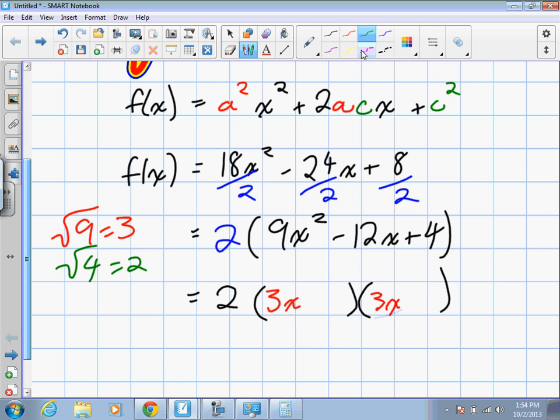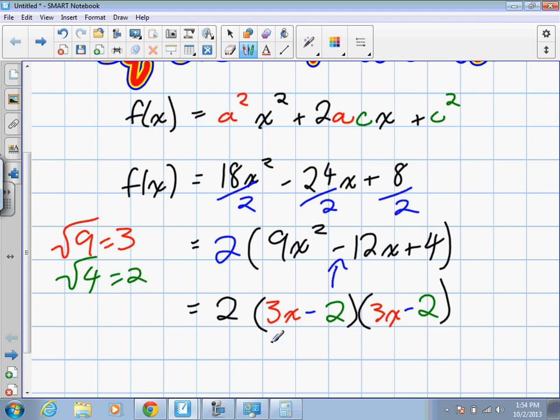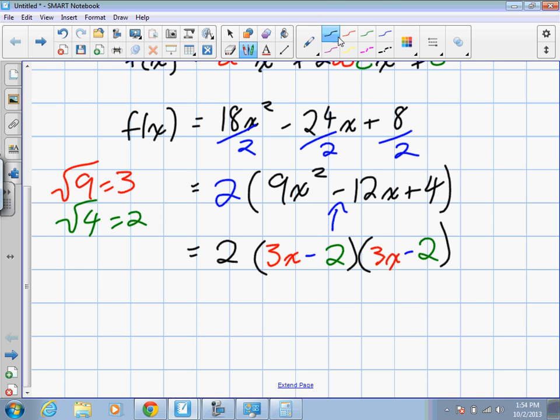The number at the end of each bracket will be our 2, and the operation completely depends on the operation of our b. Because this is negative, it's negative 2. So the idea of a perfect square trinomial is essentially when you factor it, the factors are identical. So instead of representing them as 2 separate brackets, we actually represent them as 1. Okay? So, in other words, I would ask you to represent this as 2 times (3x minus 2) squared.